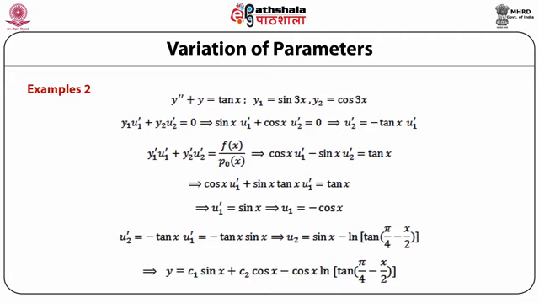Hence, the general solution is y is equal to c1 times sin x plus c2 times cos x minus cos x, the natural logarithm of tan of within the brackets pi by 4 minus x by 2.